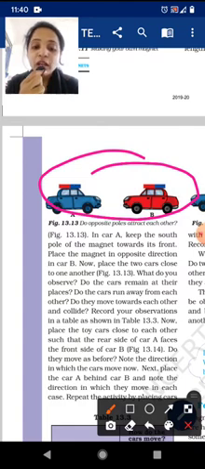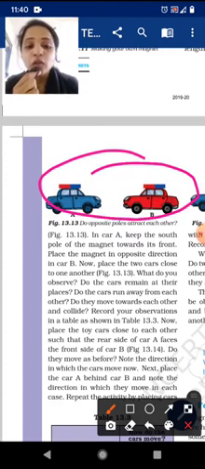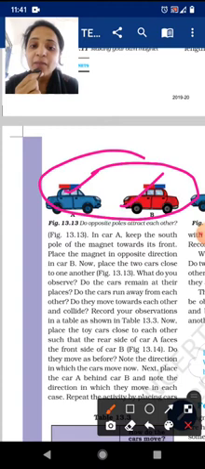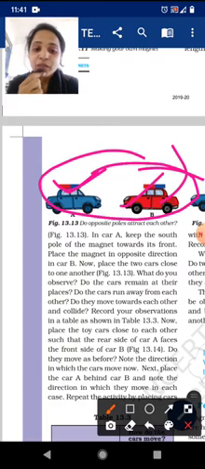Now place the toy cars close to each other such that the rear side of car A faces the front side of car B. Now both of the cars are facing each other. Then just turn one of the cars backward and keep the other on the front side, as shown in figure 13.4.